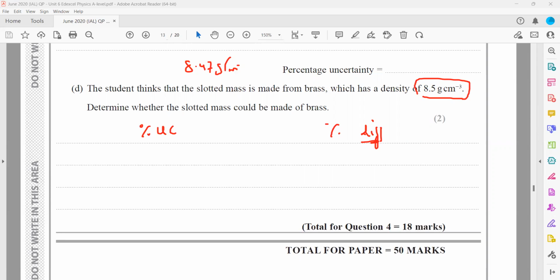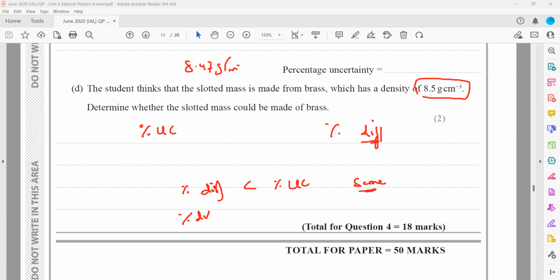We usually calculate the percentage uncertainty and percentage difference. If the percentage difference is less than the percentage uncertainty, it means they are made from the same material or the values are the same.